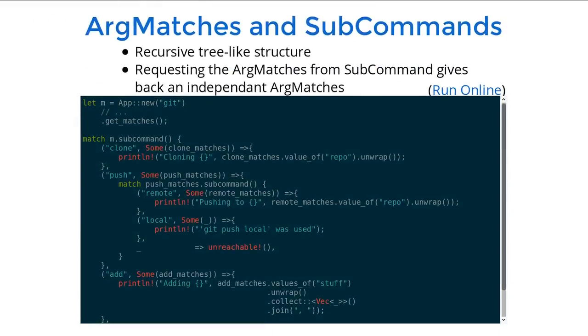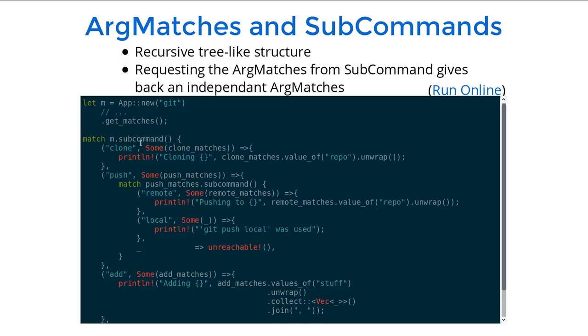Where that comes into play is when you start requesting matches back for subcommands. If you remember that only one subcommand can ever happen at a time from that one particular layer or level, then you can just traverse that tree on down. So you start off with, you build that top level application Git. We're eliding some of that. And then you request the subcommand.